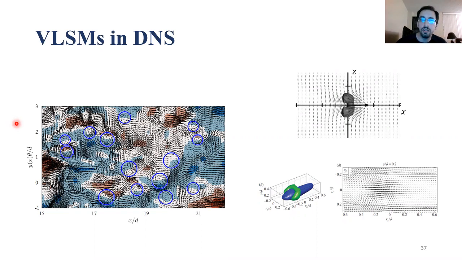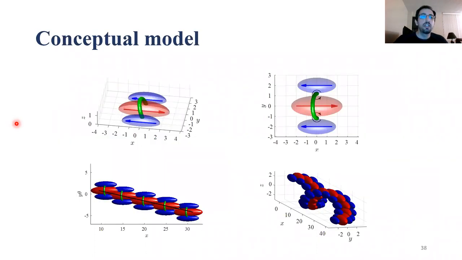So based on all these observations, we propose a simple conceptual model for the eddy structures and VLSMs in turbulent jets. So this is our model for the eddy structure. The green tube shows the eddy, and we have a high speed region between the legs of the eddy and two low speed regions outside the legs. So this is an isometric view, and this is a top view of the eddy.